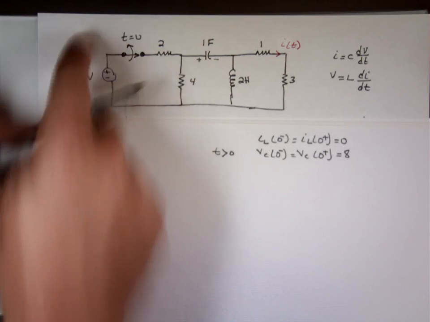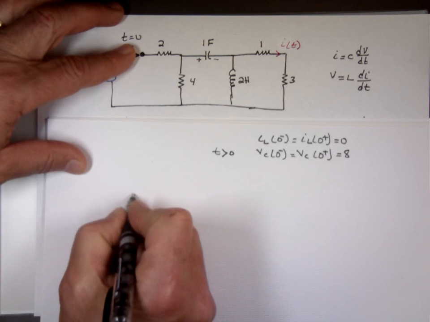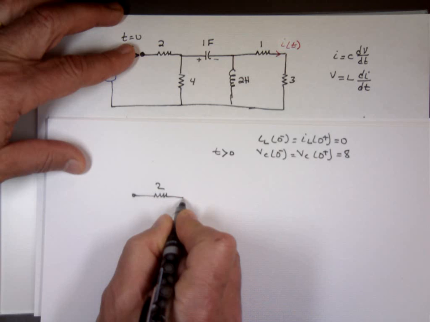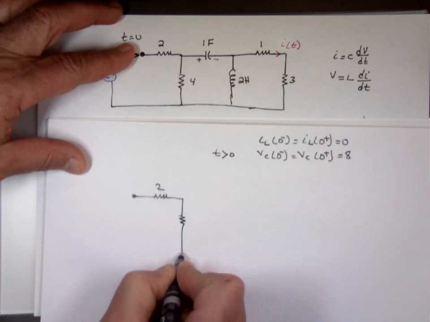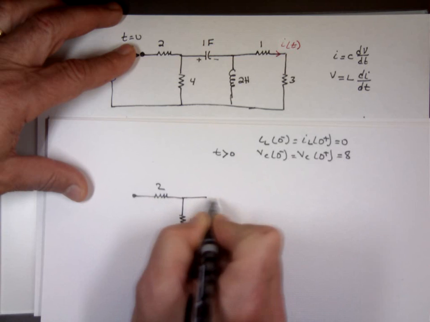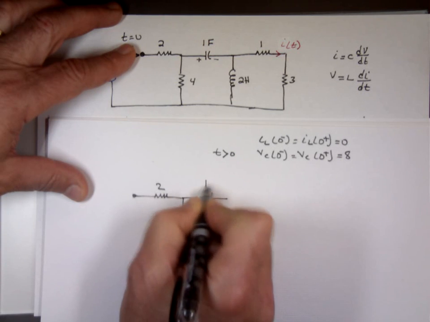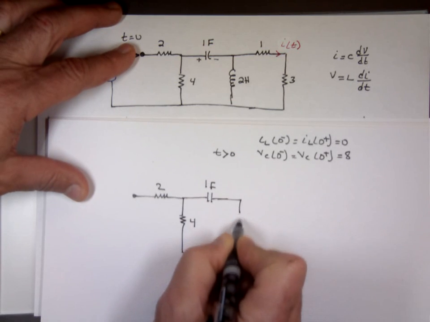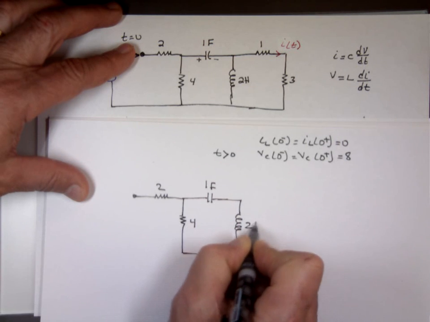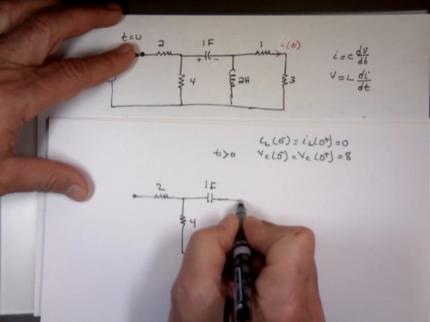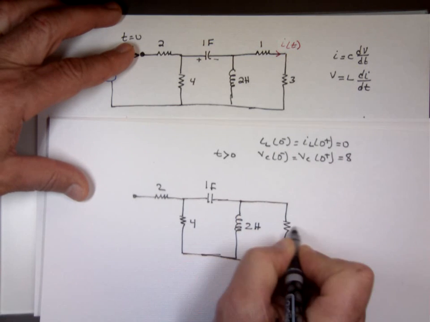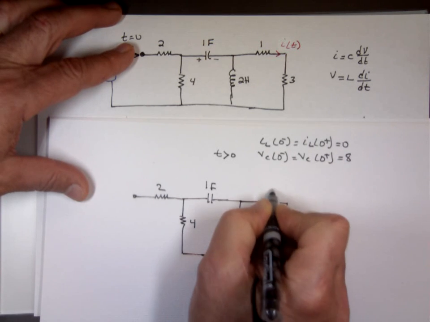This is going to open. What's going to happen to that 2 ohm? I'll come and clean it. It will look like this. And I can combine both of these and make it a 4 ohm, and this is I sub t.